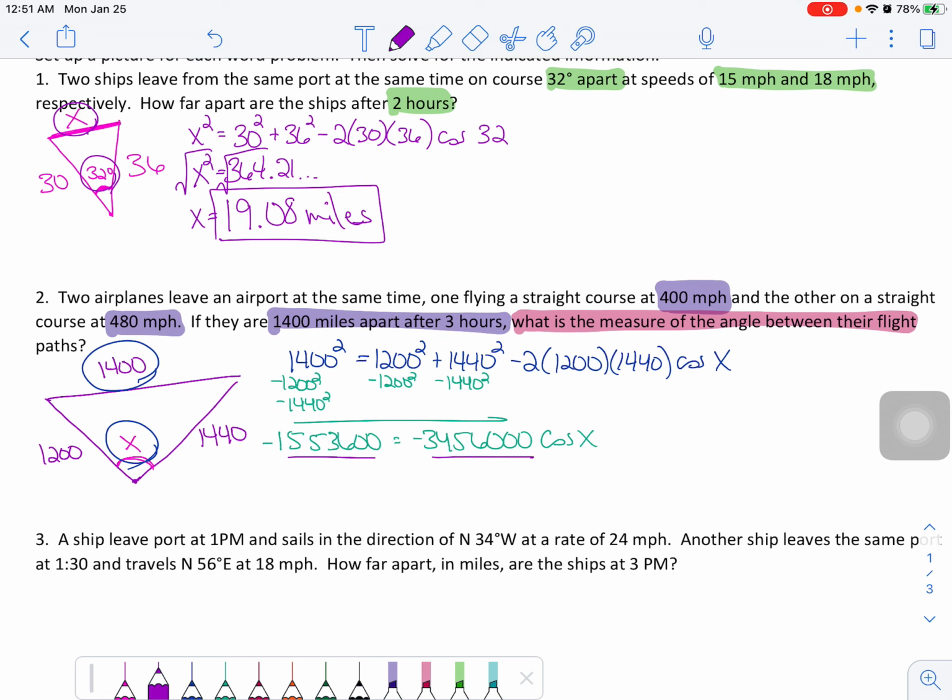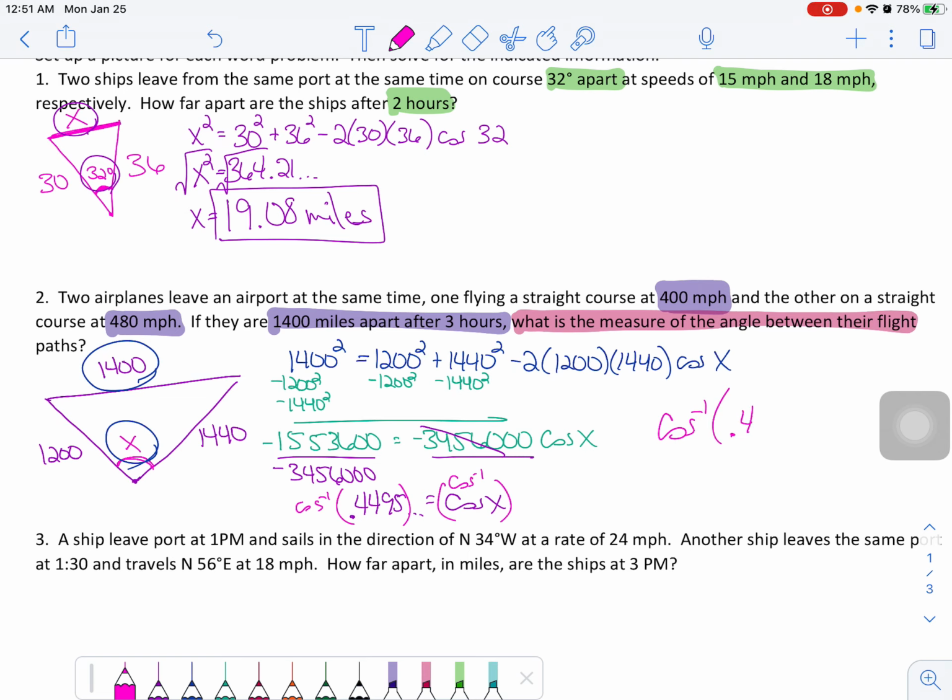All right, divide both sides by that negative 3,456,000, and we're going to get the cosine of x is equal to, so let's see, I want that answer divided by that answer. So 0.4495 and some more stuff, okay? To get x completely by itself, remember we're going to take the inverse cosine of both sides.